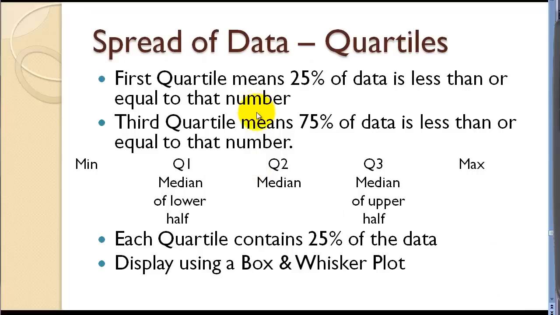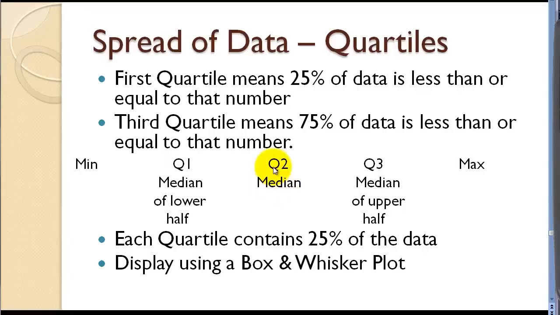Now we talked about the range, which was the distance between the min and the max, but we may also want to break the data up into groups. A frequent one is to break it up into quartiles, meaning we're going to break the data up into fourths. So the first quartile is the score where 25% of the data is less than that number.